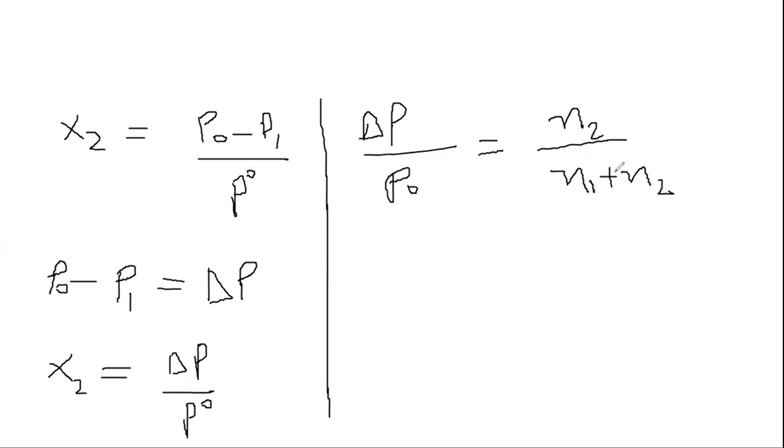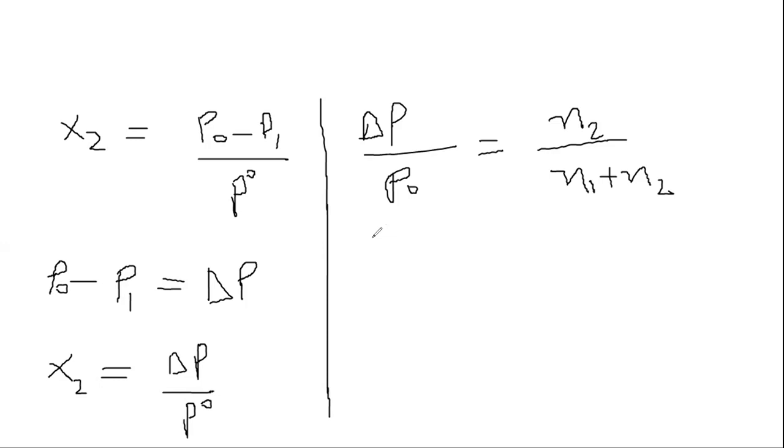Because the number of moles of the solute are much less as compared to the number of moles of the solvent, particularly for a very dilute solution. So when the solution is dilute, the number of moles of the solute are much less as compared to the number of moles of the solvent. So in the denominator, we can neglect this one as compared to the value of N1.